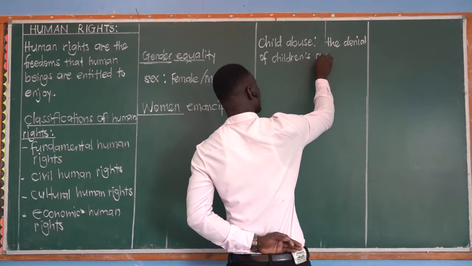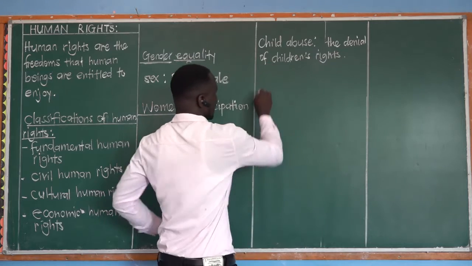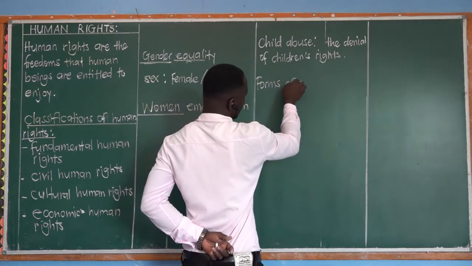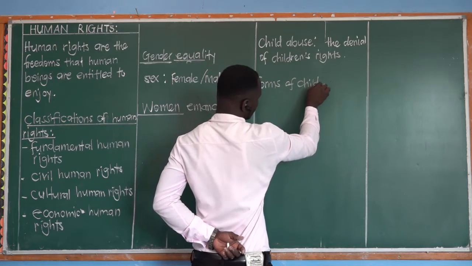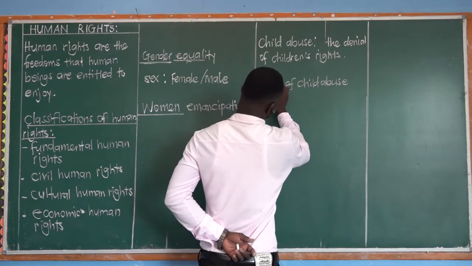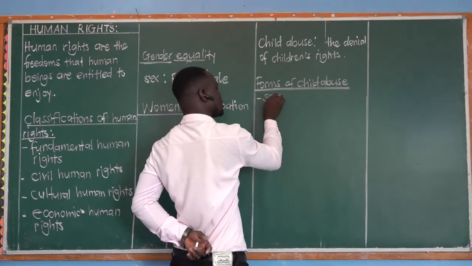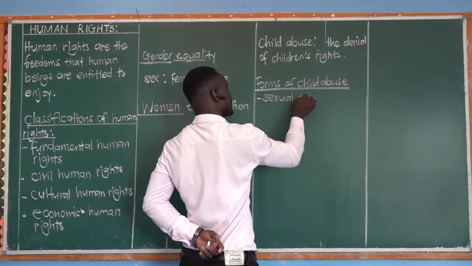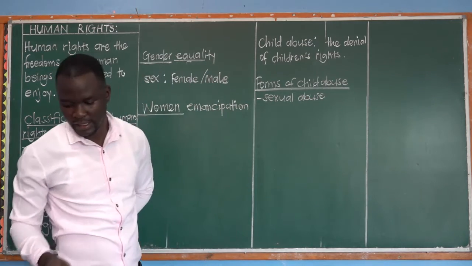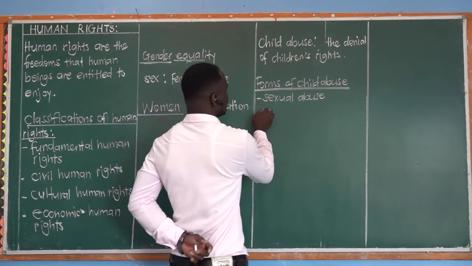And we have talked about the forms of child abuse. Number one, we have talked about sexual abuse. We can add this information to that page of ours. We have it on page 93. Sexual abuse.